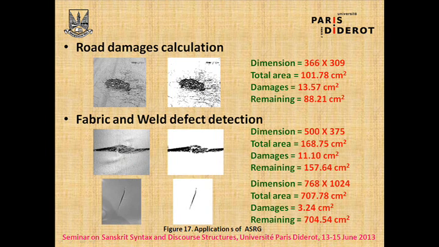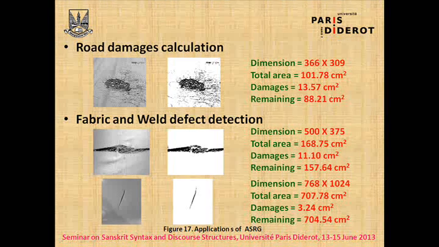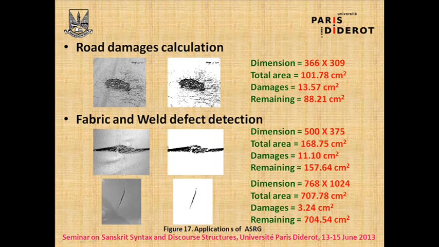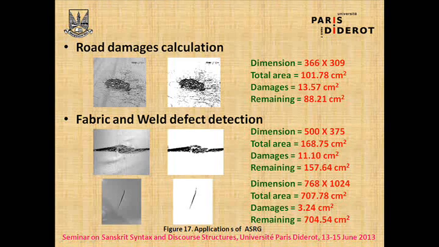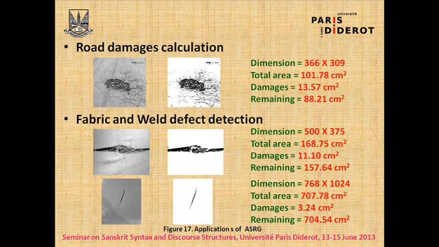Computation of damage to roads by processing photographs and clarity in the detection of flaws in fabric manufacturing and welding are among the applications of our automatic status report generator. Status reports would be useful in the cost estimation of the repairs in such cases.